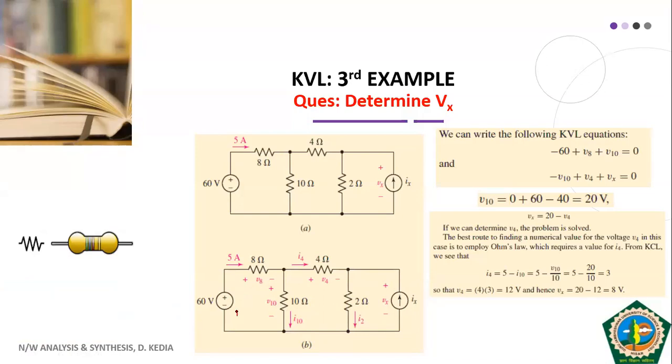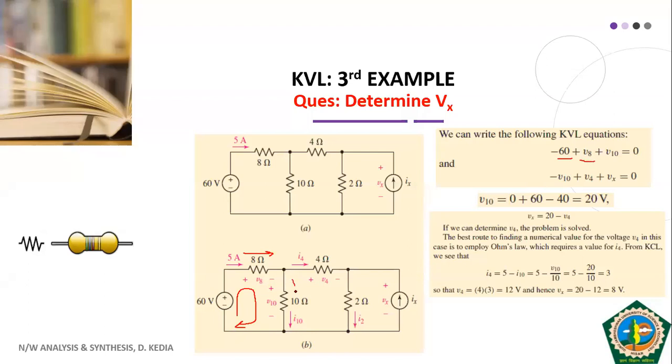So let us see how we come across this. You can see here, when we enter through 60 volt, we enter from minus 60, so that's why we have minus 60 volt. Then we move forward. When we enter into 8 ohm, we enter from the plus V8 side, so we have plus V8.